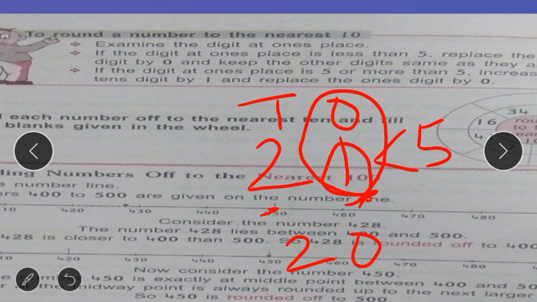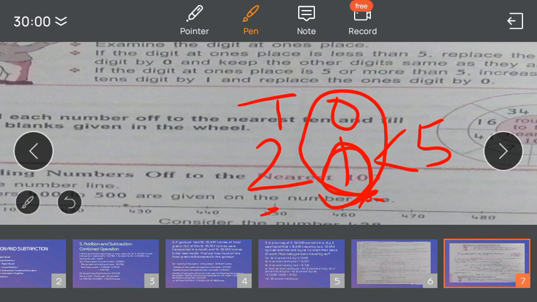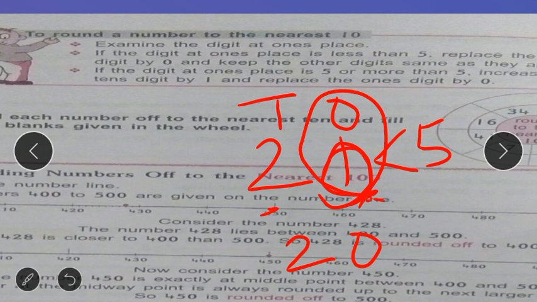If the digit at ones place is 5 or more than 5, increase the tens digit by 1 and replace the ones digit by 0. So in case the ones place digit is 1 or 2, that should be less than 5, not more than 5. Then you have to replace the digit in ones place with 0. Instead of 1, you write 0, and the tens place remains same.